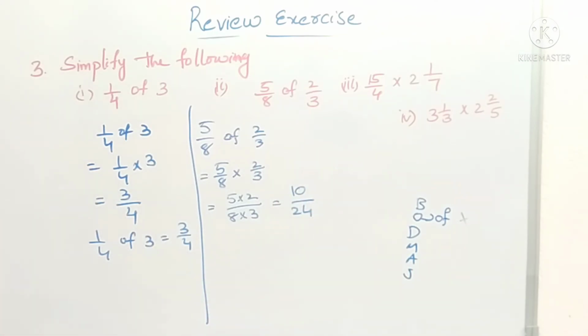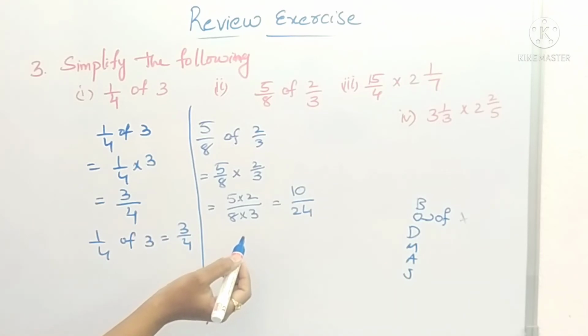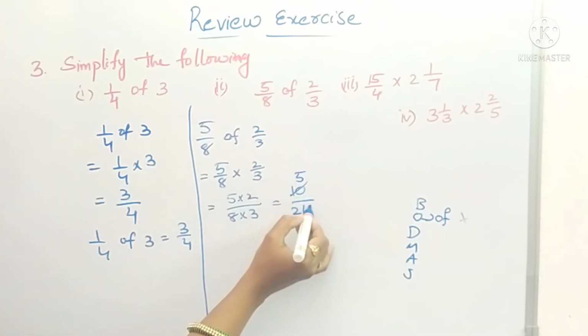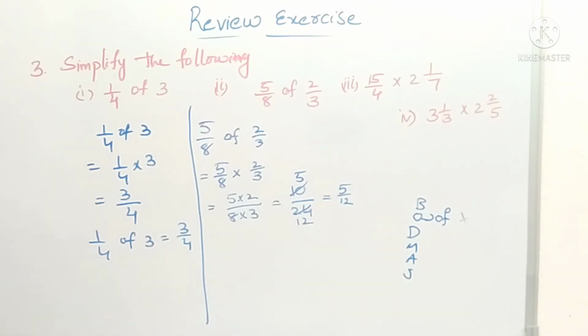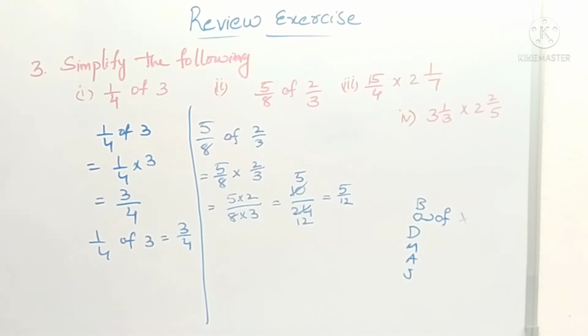This is 10/24. Here numerator and denominator both have common factors, right? 2 5s are 10 and 2 12s are 24. So this will be 5/12. 10/24 is also an answer, but after simplifying this will be 5/12.